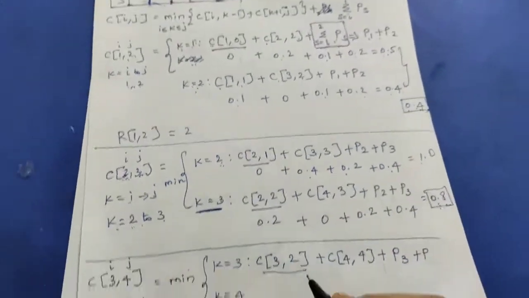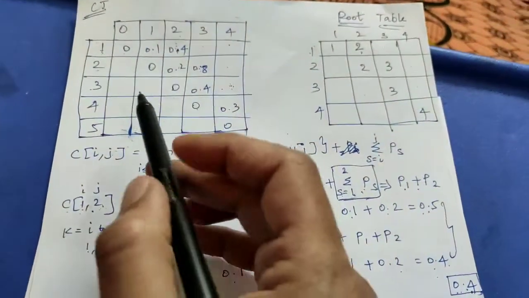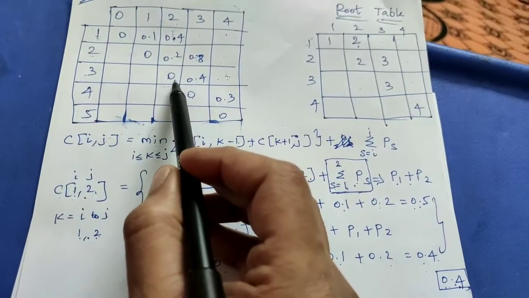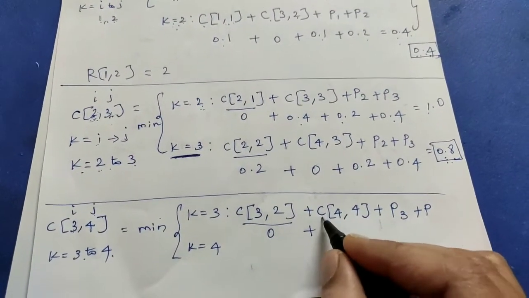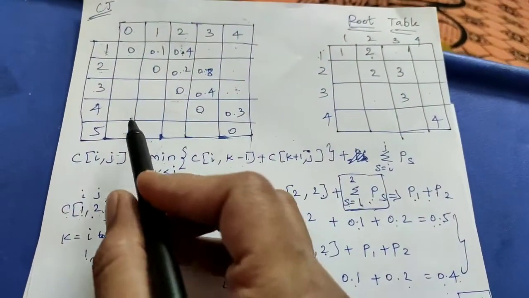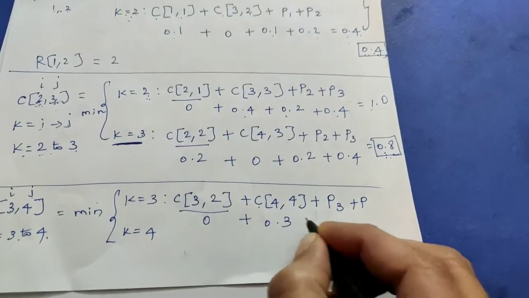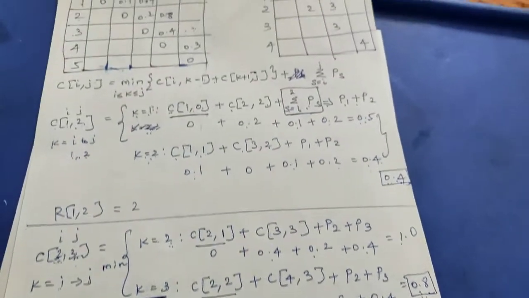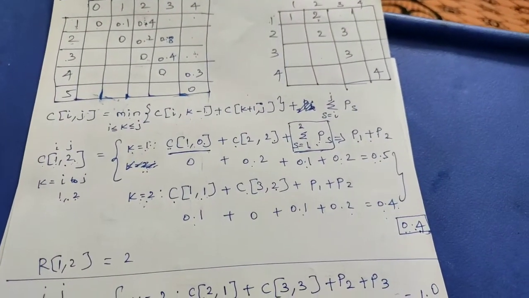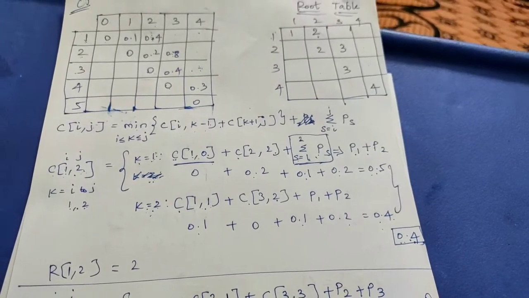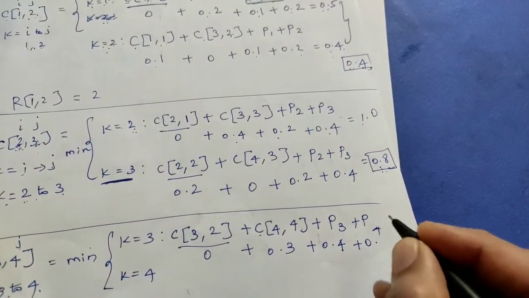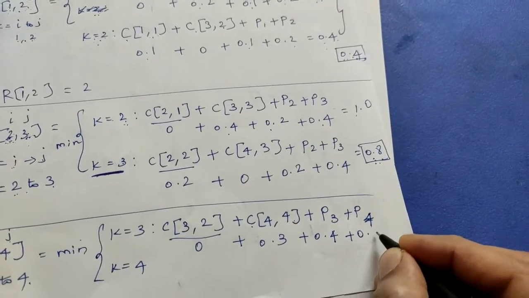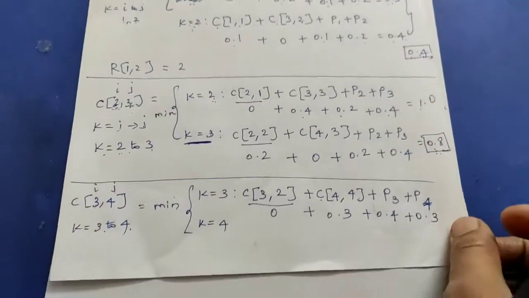So cost of 3 comma 2, it is 0, write it as 0, plus cost of 4 comma 4, I have the value as 0.3, probability of the third item is 0.4, probability of the fourth item is 0.3.